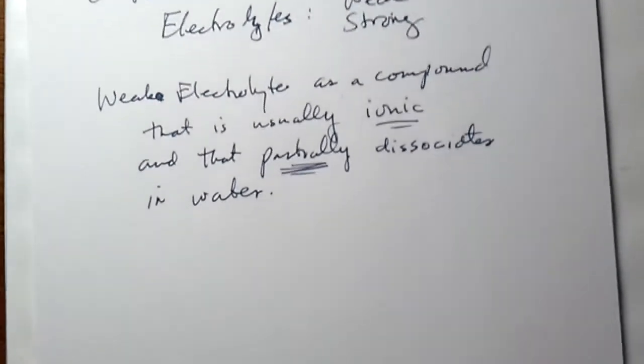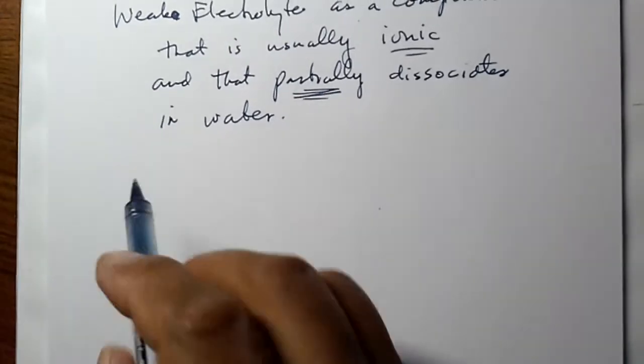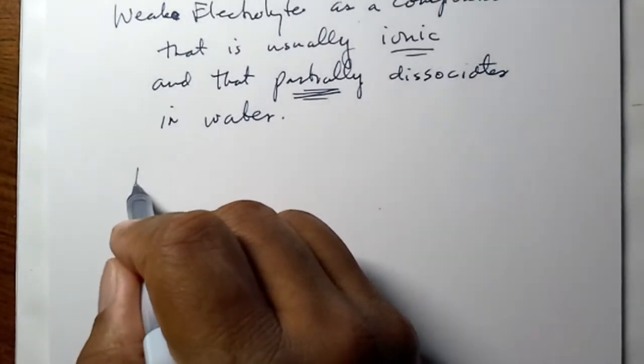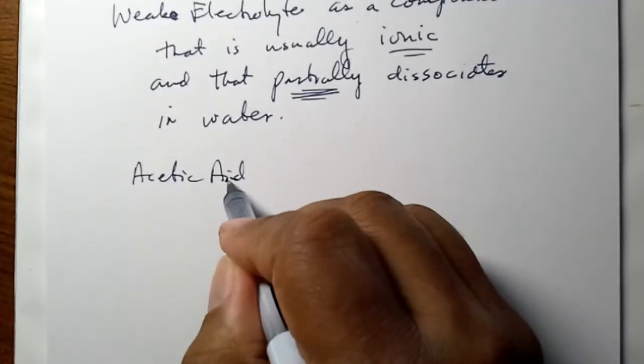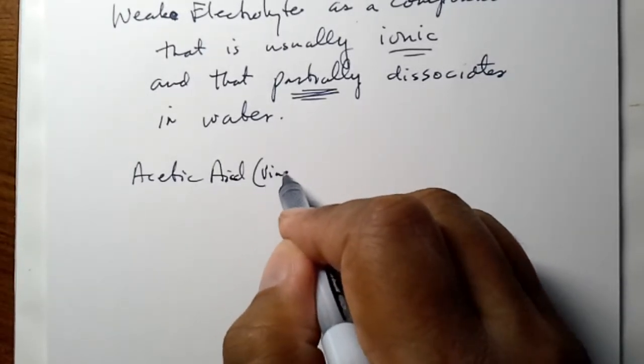Some examples of weak electrolytes: acetic acid. We all know it as vinegar.